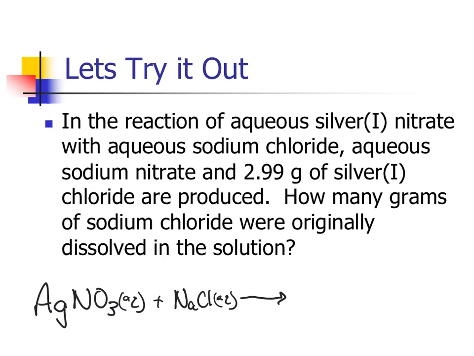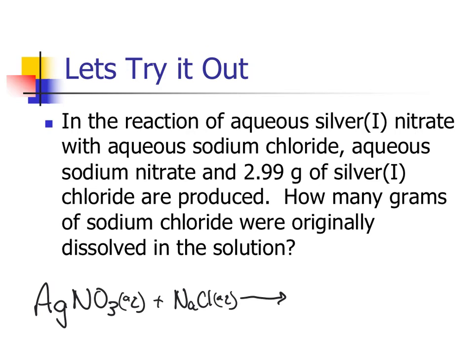Now would be a good idea to double check our charges before we go on. Silver 1 has a charge of 1. It's in the name. Nitrate, -1. We're good. Sodium, group 1, +1.